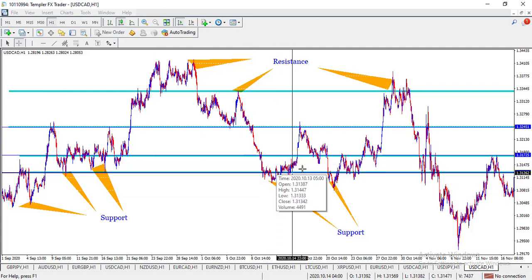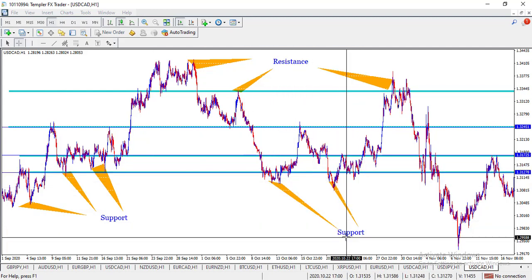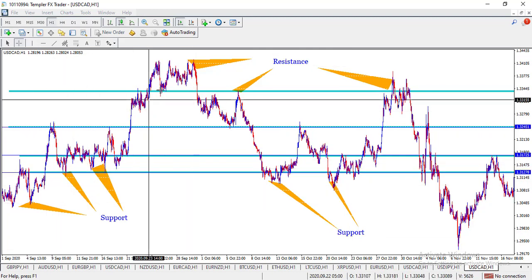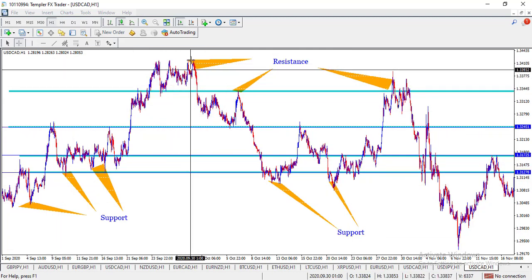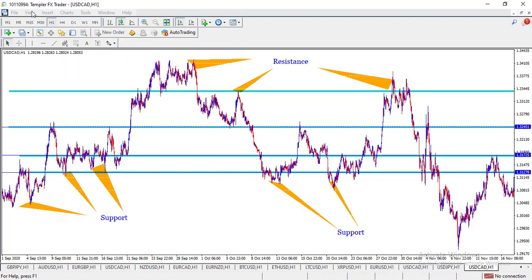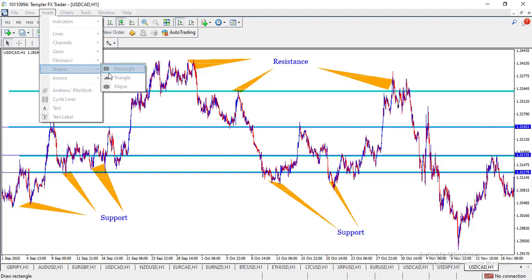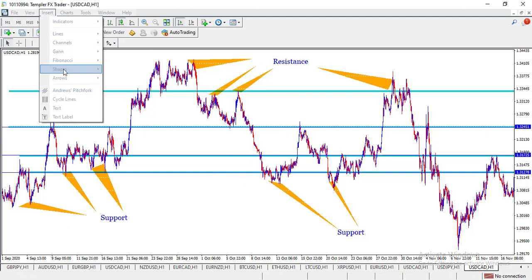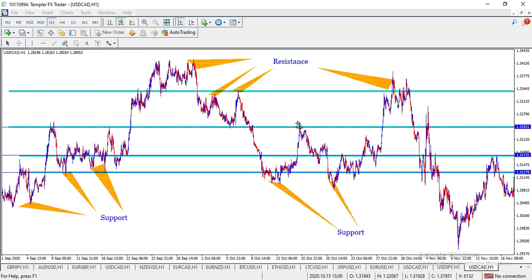Prices were previously supported here. That's why I indicated it as a support level. And these areas at the highest point of the market, all these are our resistance level. We also have this. It's also our resistance level. We also have this. It's also our resistance level.